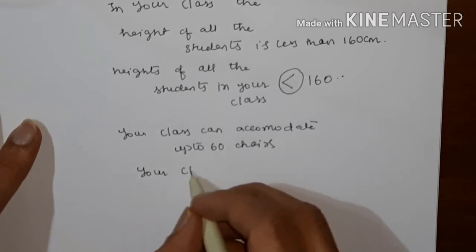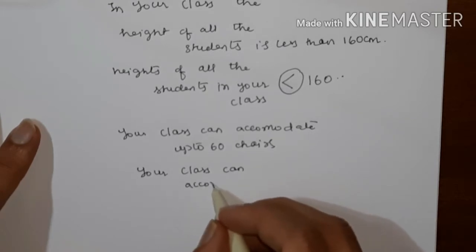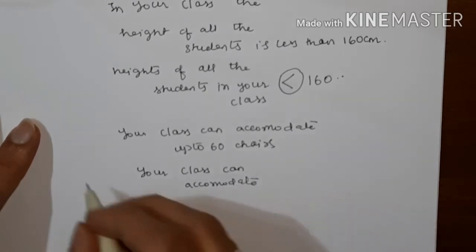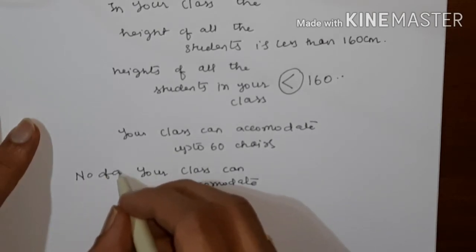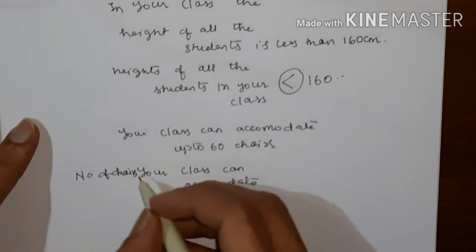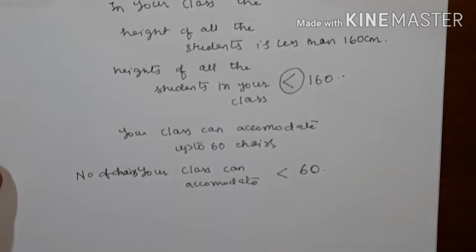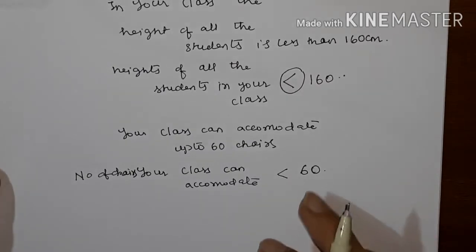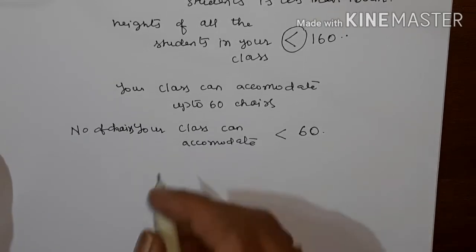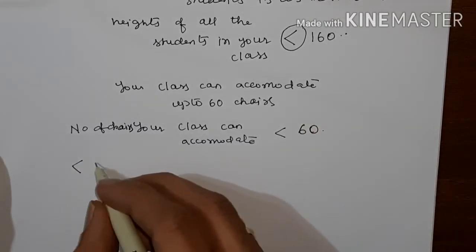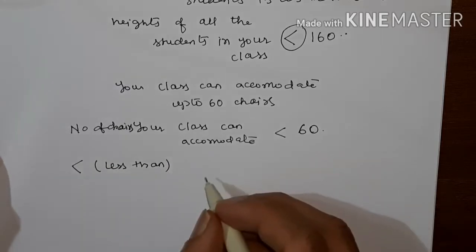The number of chairs your class can accommodate is less than 60. So here also you have used a symbol, which is called an inequality. This inequality is called less than, which you have used just now.